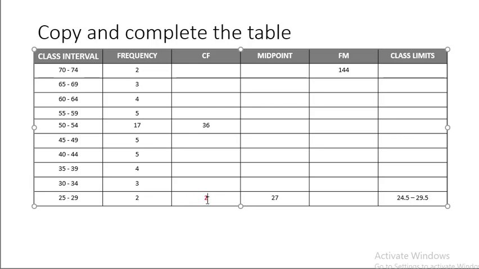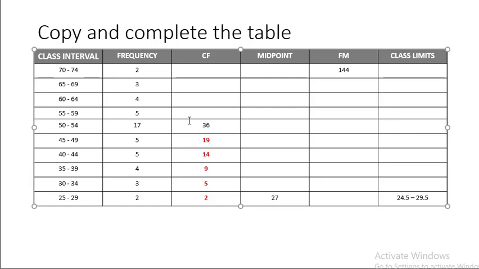Now 2 plus 3 gives us 5. 5 plus 4 gives us 9. 9 plus 5 gives us 14. 14 plus 5 is equal to 19. Now 19 plus 17, if you add it up in your calculator, gives us 36. So you can see that it's balanced. We are on the right track.